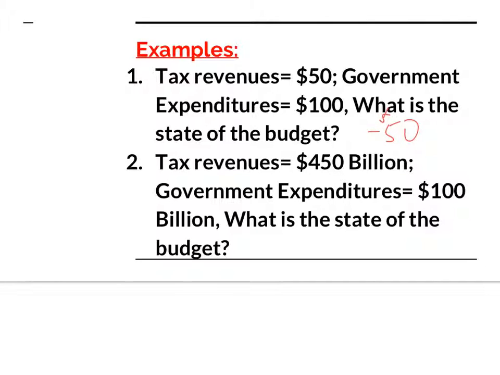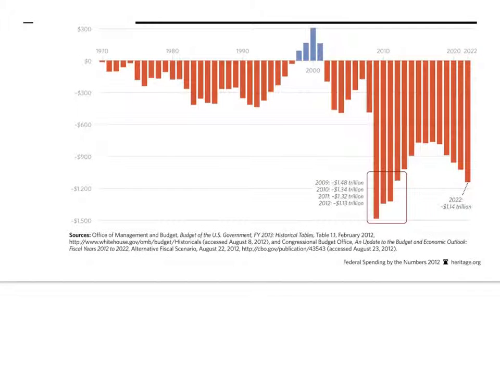Now, if you use some larger numbers, if tax revenues are $450 billion and the government is only spending $100 billion, what's the state? That would be in surplus to the tune of a positive $350 billion, simply 450 minus 100 billion.